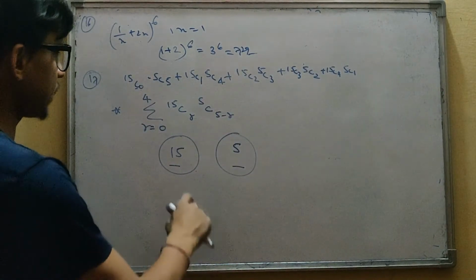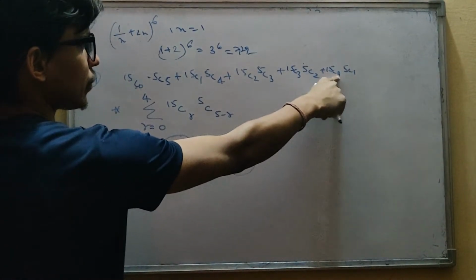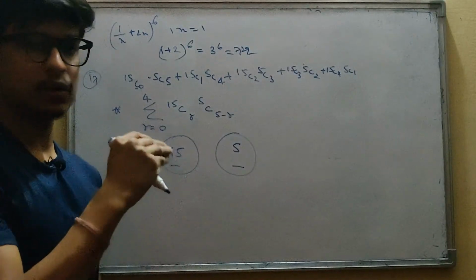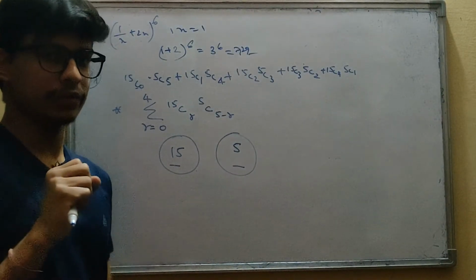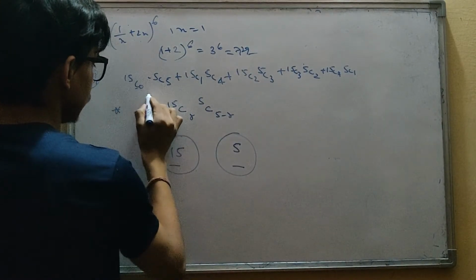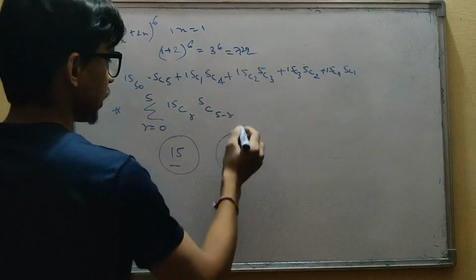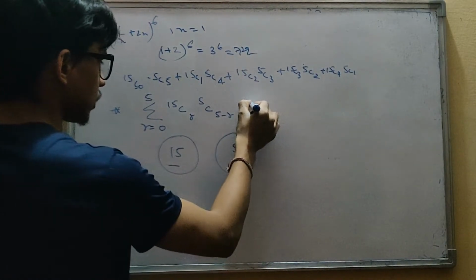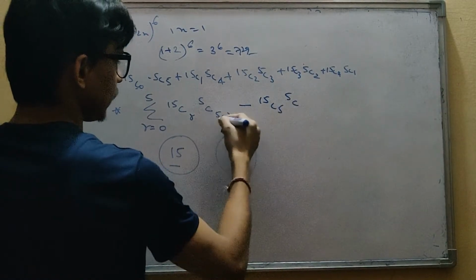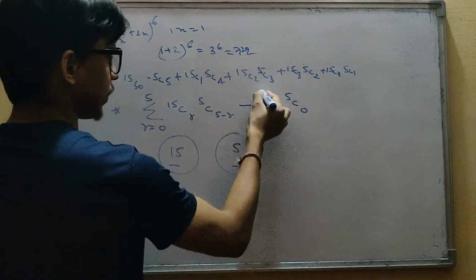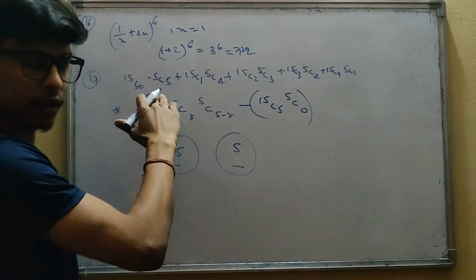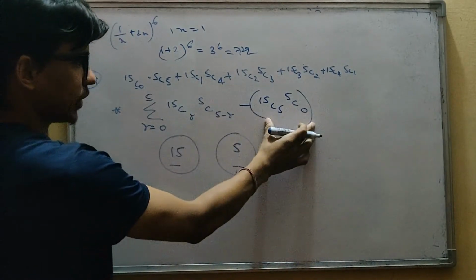But here it is saying that overall it is 5. If I consider all the possible combinations of getting 5 elements, I put the sum over 5 here, and I am subtracting, because 15C5 and 5C(5 minus 5) is 0. Why subtract? Because the sum is from 0 to 4, and I have added the 5th term. That is why I have to subtract that.